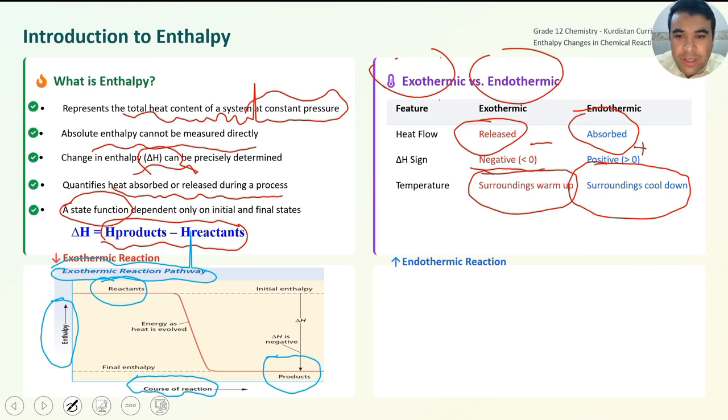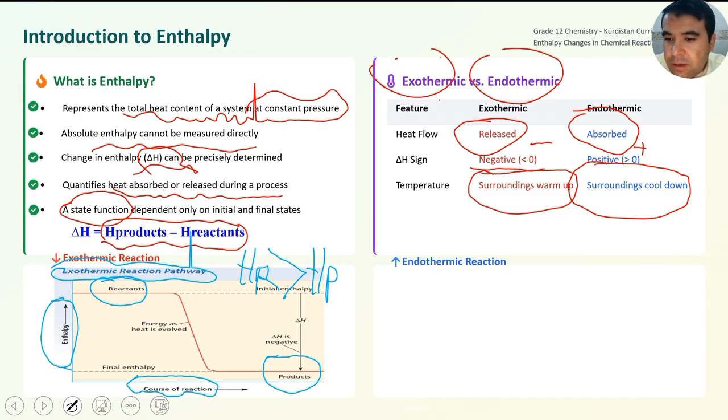So what's important about the path of exothermic? We should know that the enthalpy of the reactant is always higher than the enthalpy of the product. And guys, if we want to calculate the enthalpy change, we will get a negative value.